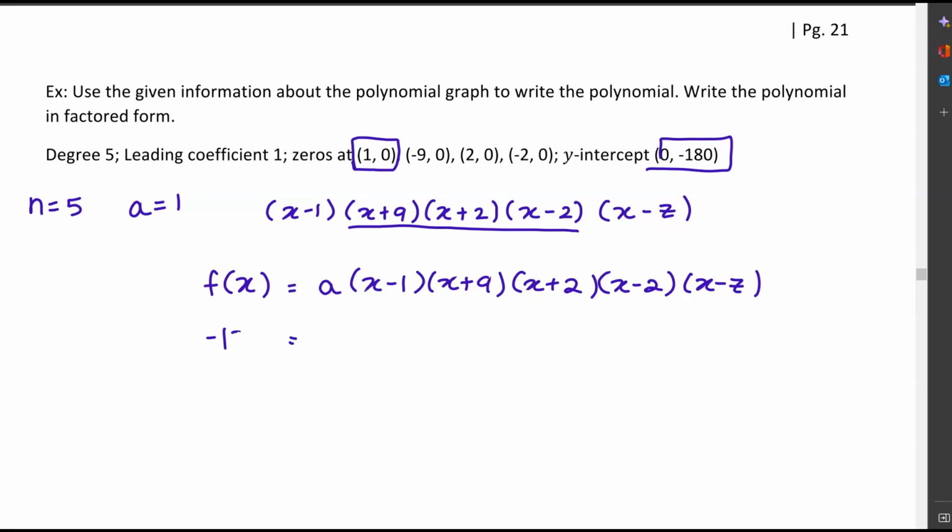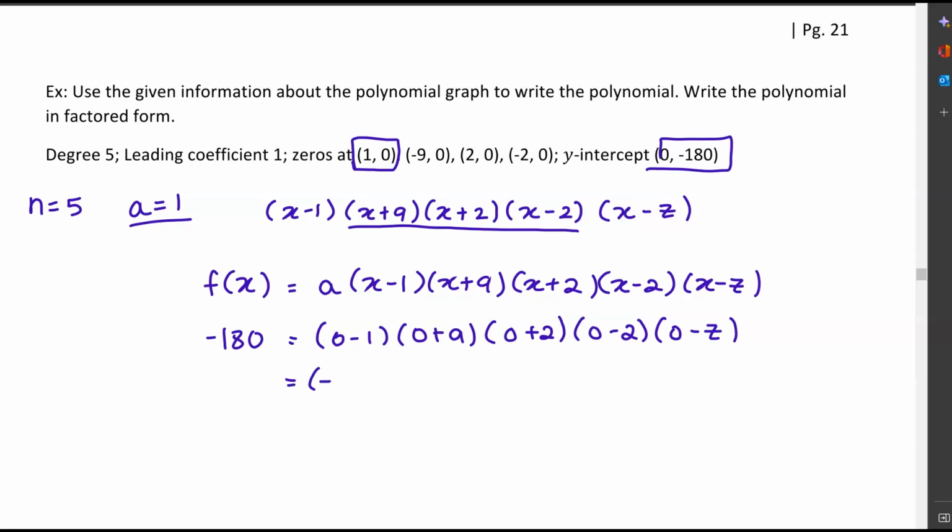So we're going to get negative 180. Our a we already know is 1. Okay, so then when we plug this in, we're going to get 0 minus 1, 0 plus 9, 0 plus 2, 0 minus 2, and 0 minus z. So what do we get here? This gives us negative 1 times 9 times 2 times negative 2 times negative z.